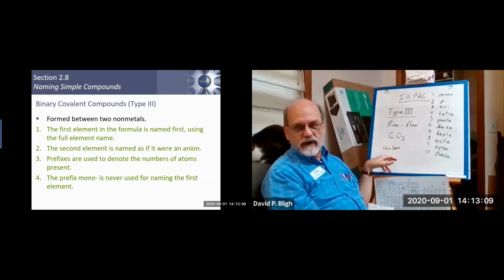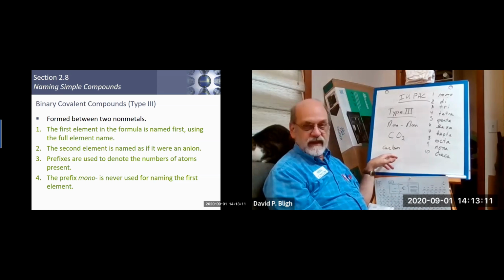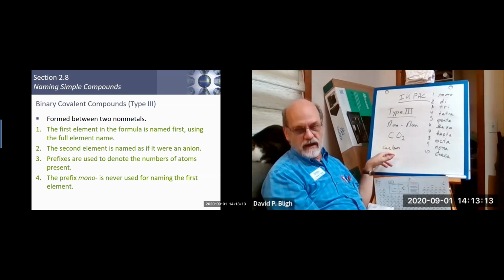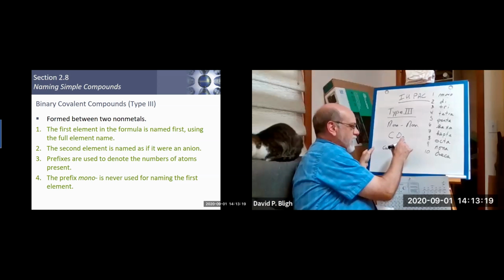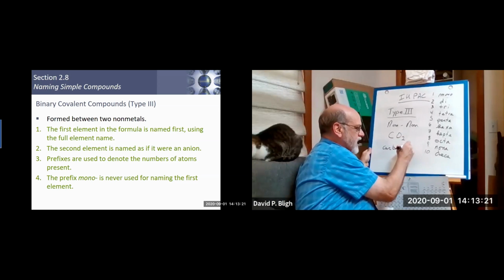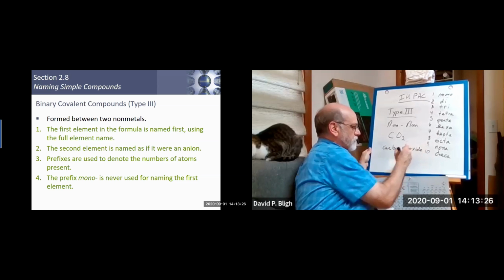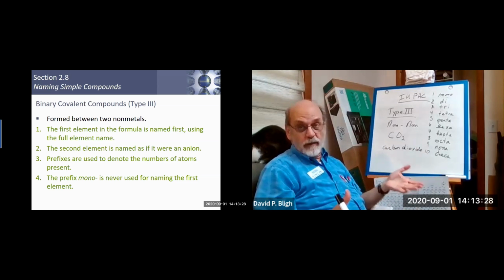And notice if there's only one carbon in the cation position, we don't say mono. Mono never comes first. And then we have 2 oxygens, so it's dioxide. That's why carbon dioxide.